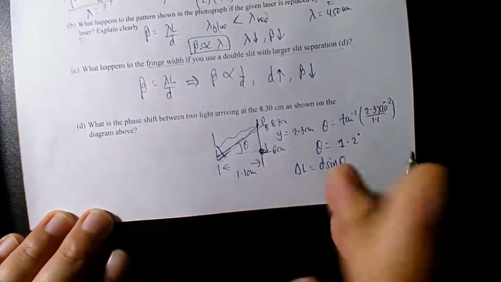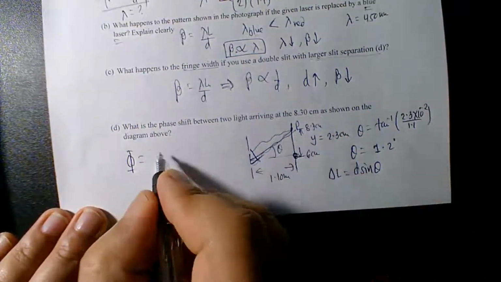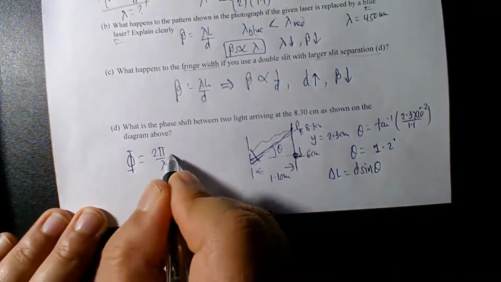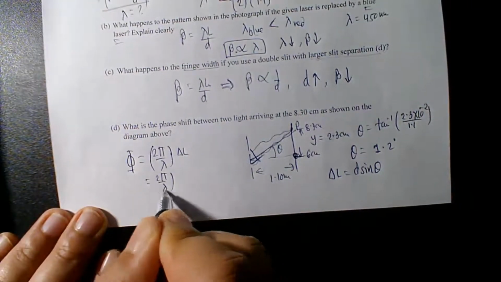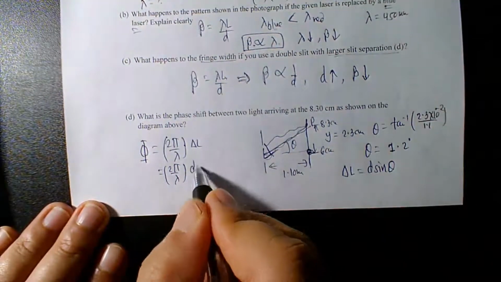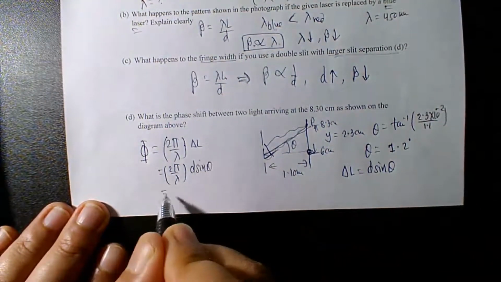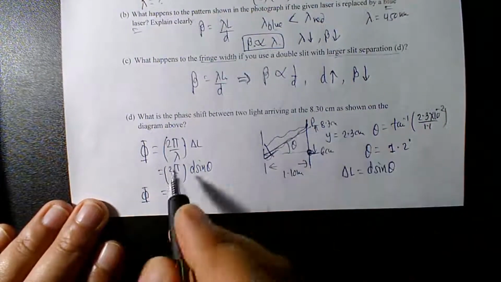And then the phase difference between the two light waves reaching here is 2 pi over lambda times the path difference. 2 pi over lambda, path difference is d sine theta. That's it. That's the phase shift, the phase difference between two light waves reaching this particular point.